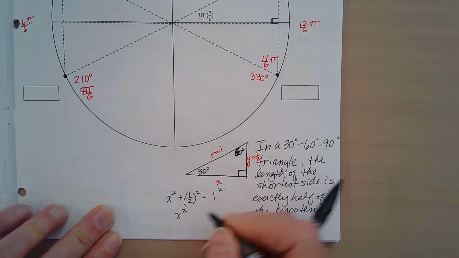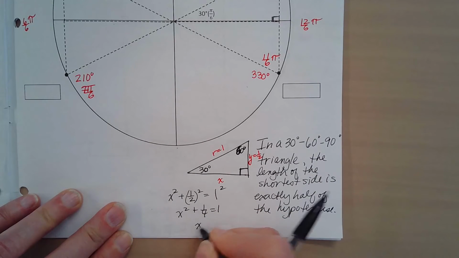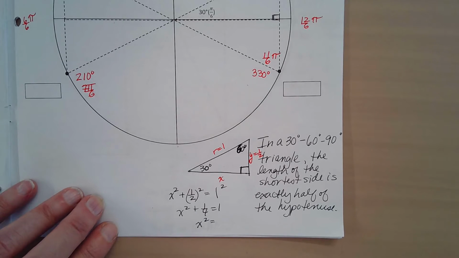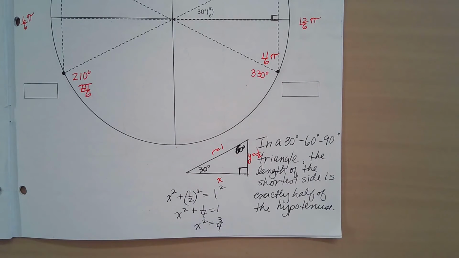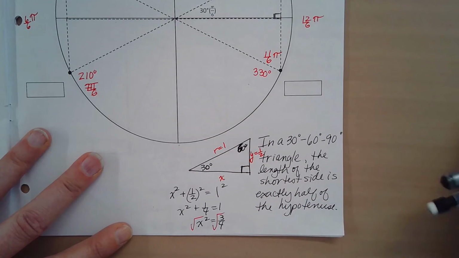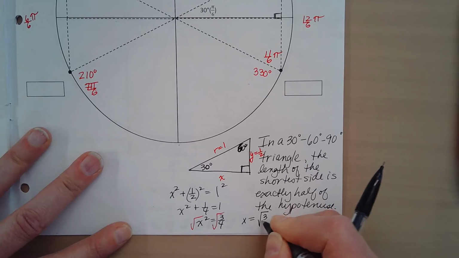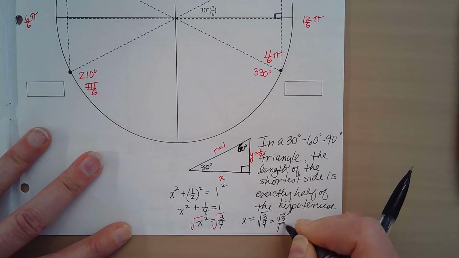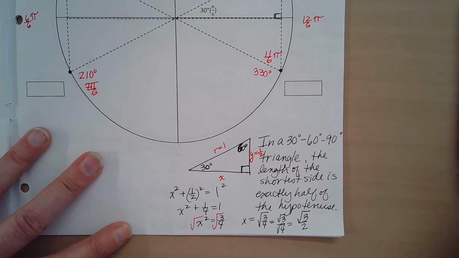So x squared plus a quarter equals 1. What will x squared be? It'll be 3/4. Now I'm going to square root. So x equals the square root of 3/4, which is the square root of 3 over the square root of 4, which is the square root of 3 over 2.